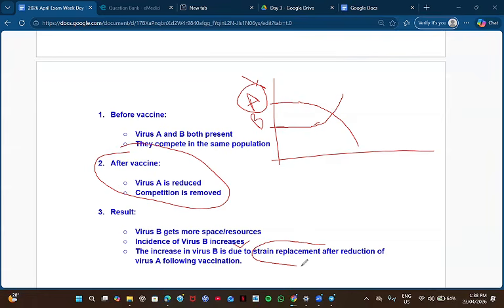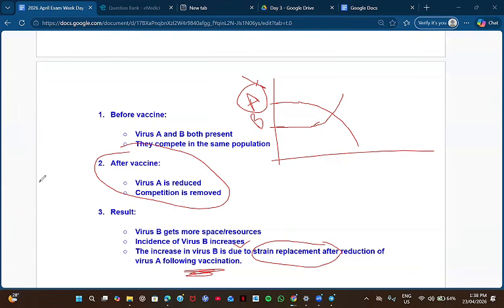We call this strain replacement: after reduction of virus A following a vaccination, virus A decreased because competition has decreased. Then virus B has more resources and its incidence is increasing. It is infecting people. There's no resistance, like a vaccine or anything for virus B, so it is rapidly increasing.